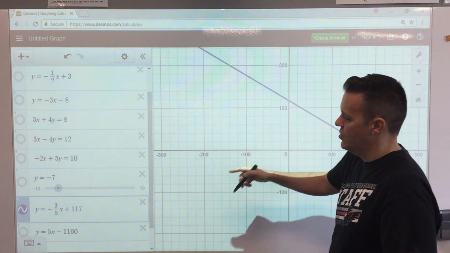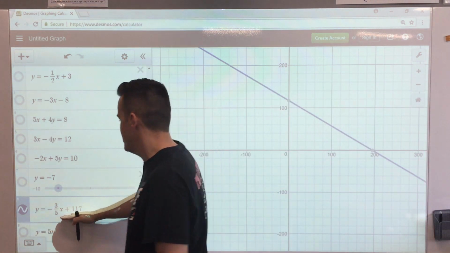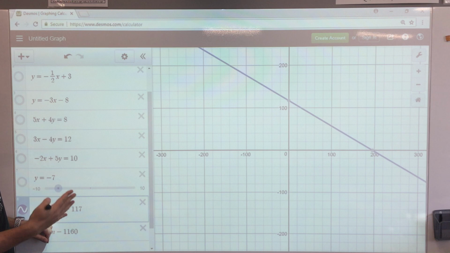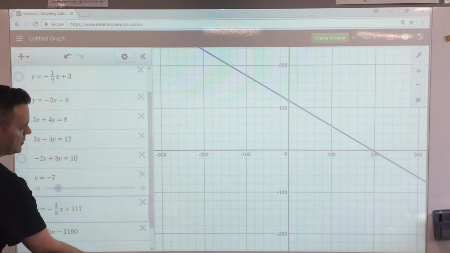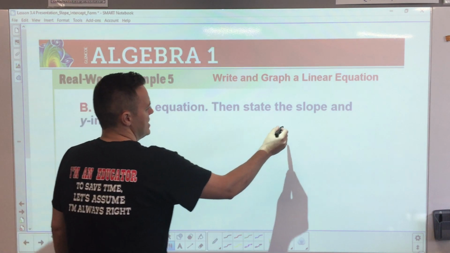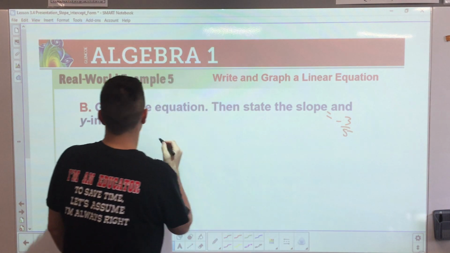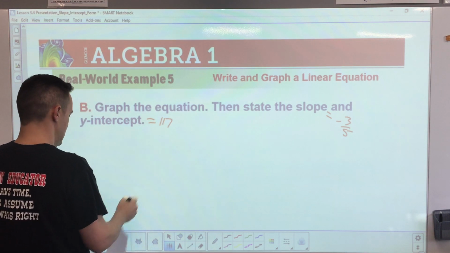What is the y-intercept? Well, the y-intercept is what our equation is set up with, 117, and our slope is -3/5x, or -3/5, not 3/5x. Our slope is -3/5. So we know that this slope equals -3/5, and the y-intercept equals 117.